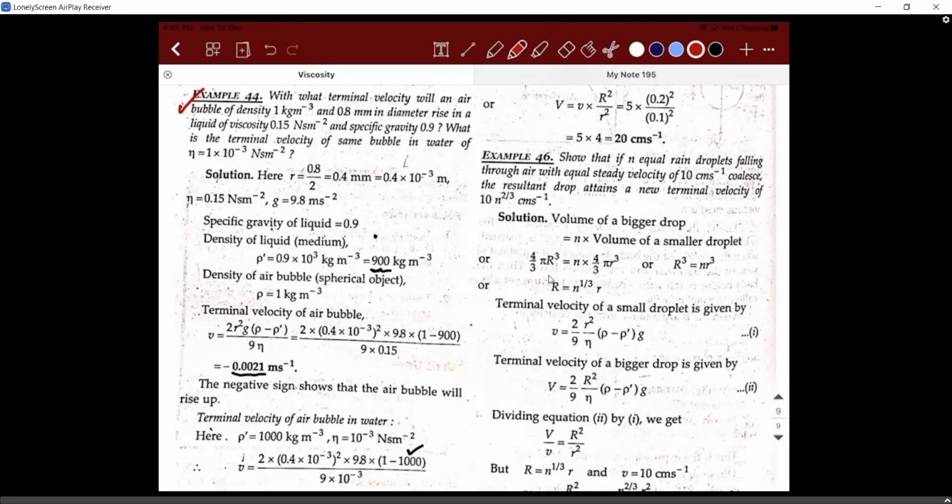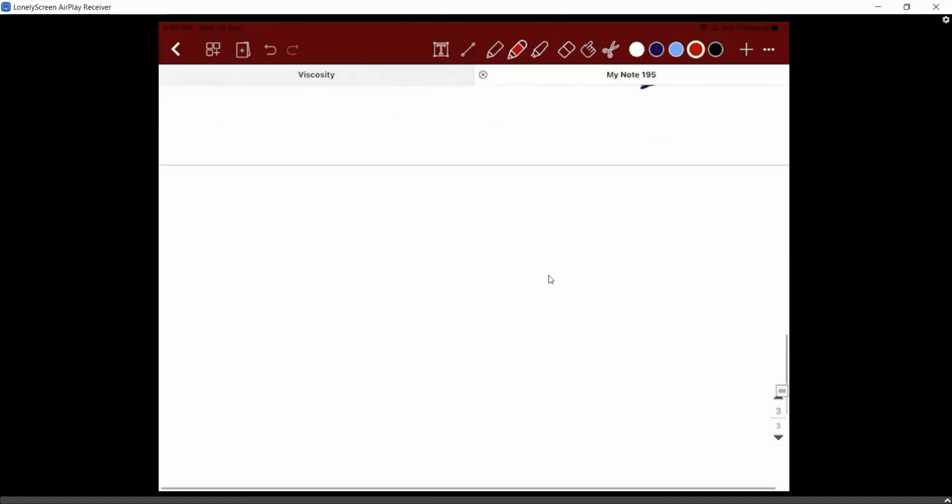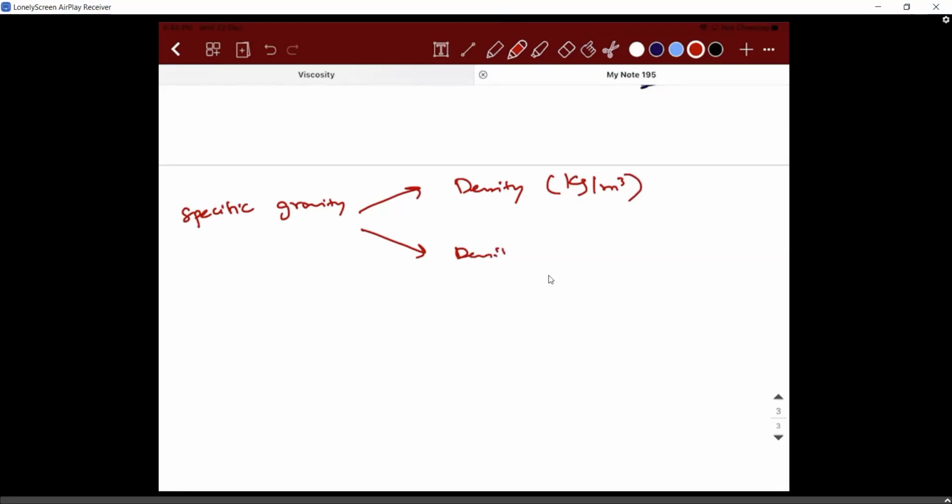Do you want me to repeat? So this is the logic. Specific gravity is given, okay? If you want to convert it to density, you can convert it to density in kilogram per meter cube or density in gram per centimeter cube.